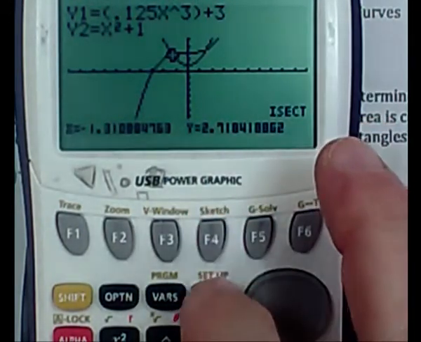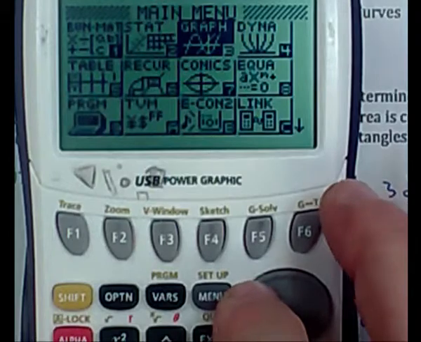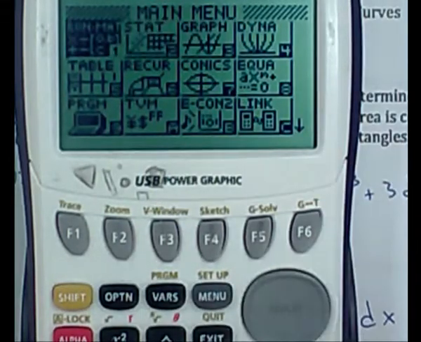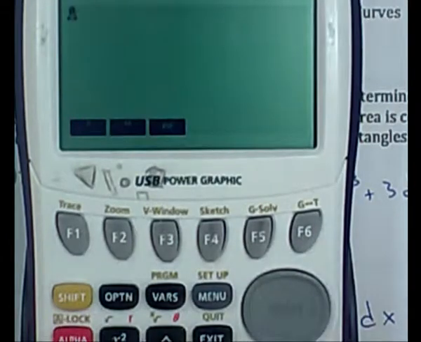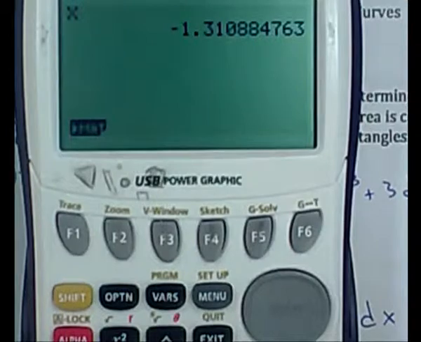So if I go to menu and I come over here to run and I go to alpha X, it's there. Okay. And you should have a store button.